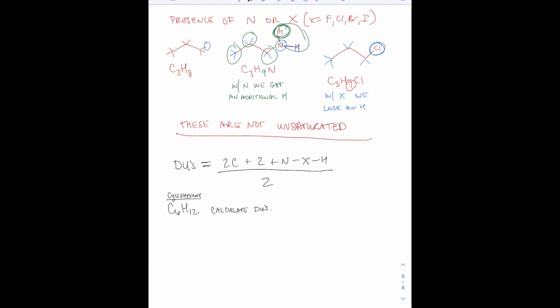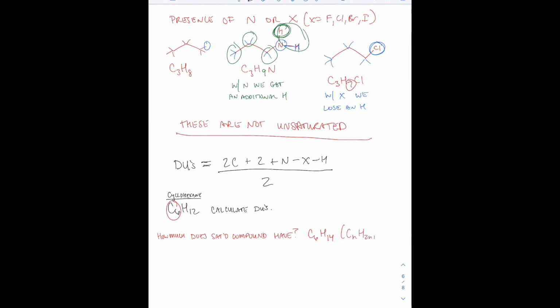Let's say we wanted to calculate DUs. What we do first is take a look at the number of carbons and calculate how much we should have. It's almost like a theoretical. How much does a saturated compound have? C6H14.